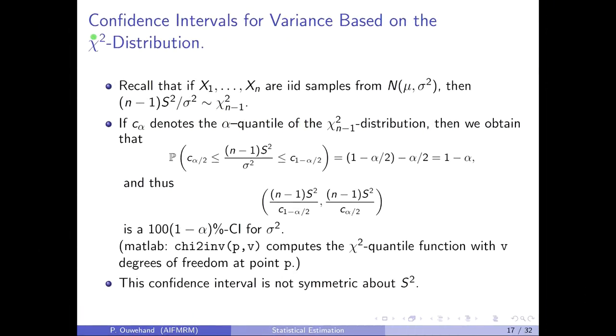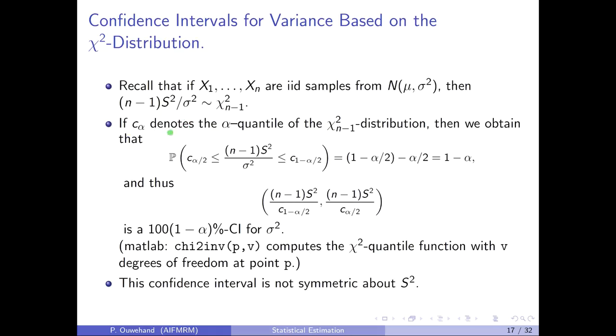Let's now find confidence intervals for the variance for samples drawn from the normal distribution. Suppose that x1 up to xn is a sample of independent variates drawn from the normal distribution with mean mu and variance sigma squared. Recall that in that case we know that n-1 times the sample variance over sigma squared has the distribution chi squared with n-1 degrees of freedom.